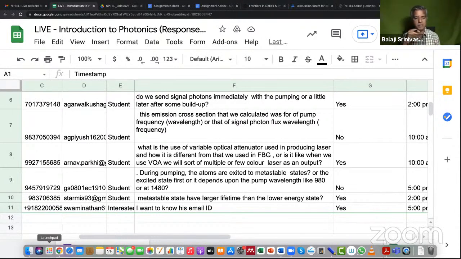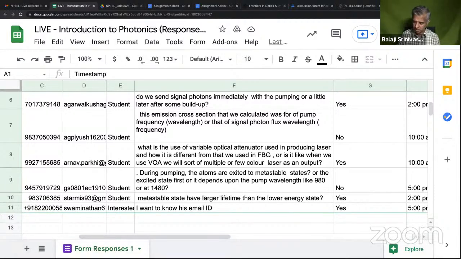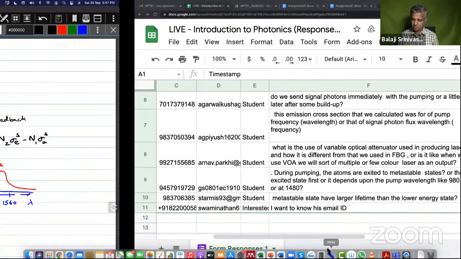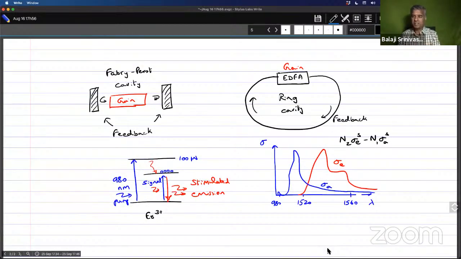Okay, so the next question is, what is the use of variable optical attenuator in producing laser, and how is that different from what we used in FBG? Okay, so that's a good question. So let's go back to this cavity. So I think this is in relation to what we discussed as far as the ring laser is concerned. We considered two different conditions.